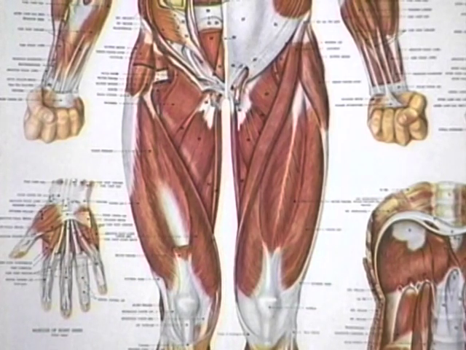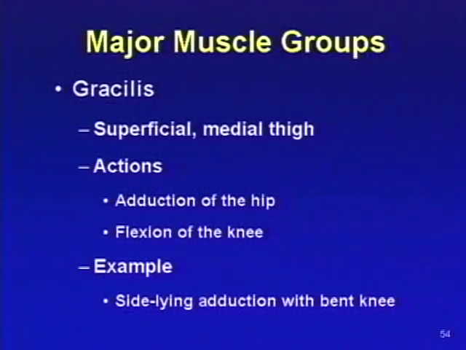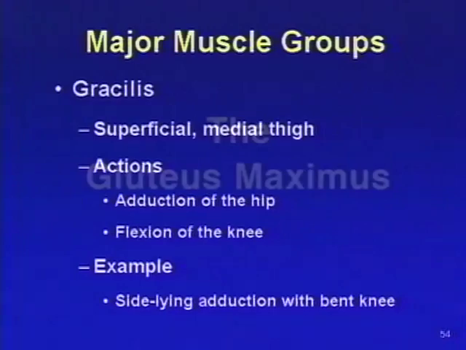Also, like the sartorius, the gracilis crosses both the hip joint and the knee joint, so it has several actions. Most importantly, the actions of the gracilis are adduction of the hip and flexion of the knee. An exercise example that works the gracilis is side-lying leg adduction with a bent knee.